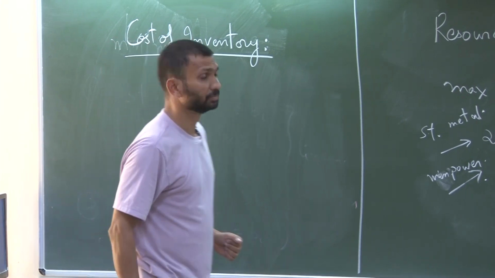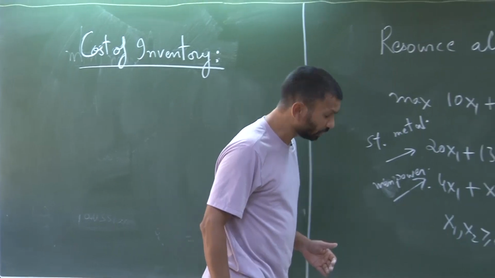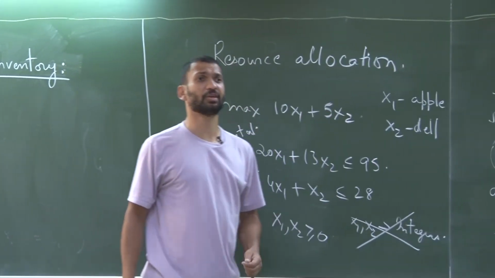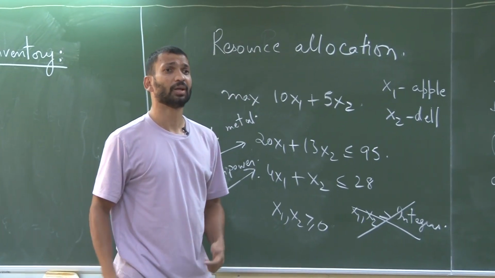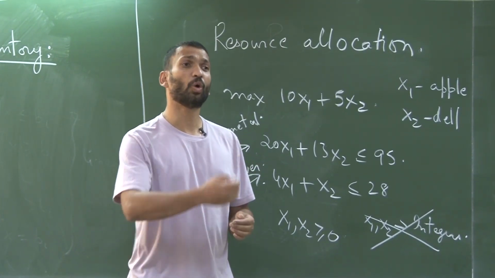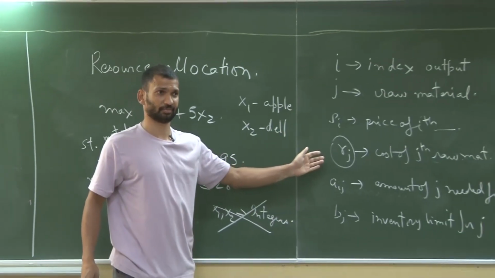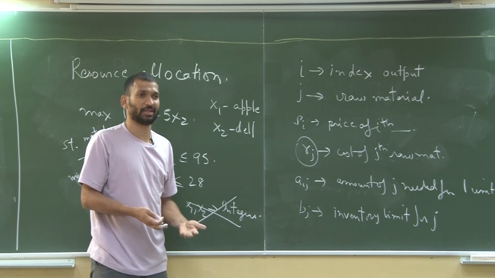Cost of inventory. Okay? What do I mean by that? Suppose this information is given to you. And as the manager of the inventory, you want to assign a price to whatever you have. And you want to minimize the total price.